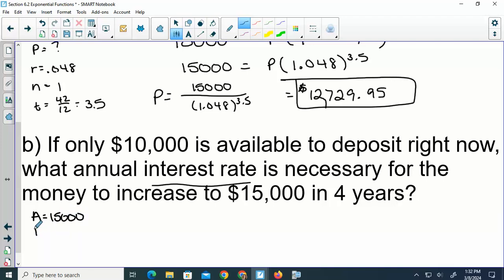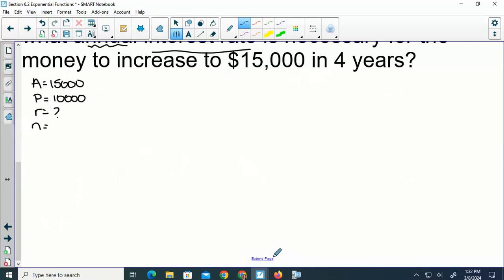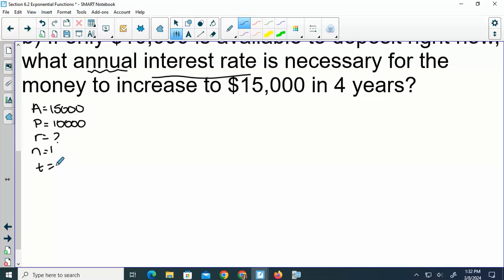But my P is now 10,000. We are looking for the R, and we're talking about annual interest rate, so how many times a year are we compounding? Once. And we have 4 years.